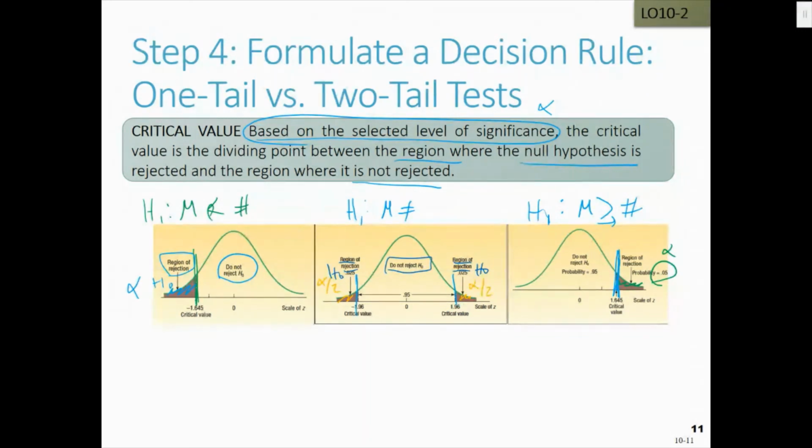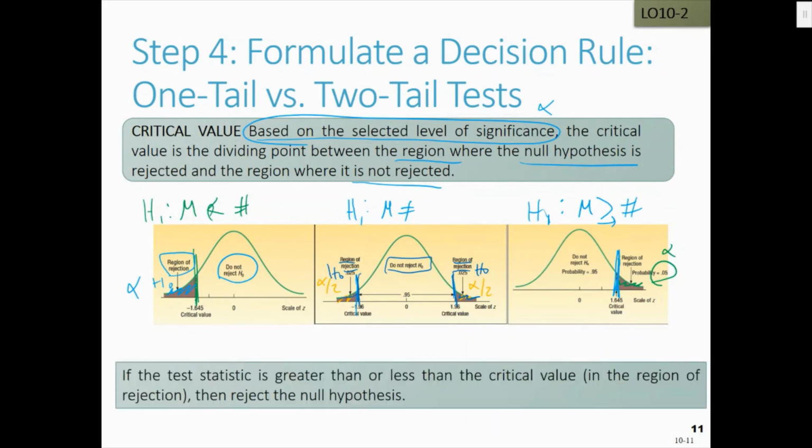Okay, and again, this critical value, the value of Z or T, depending on whether or not you have the standard deviation of the population, will be selected according to the alpha value.